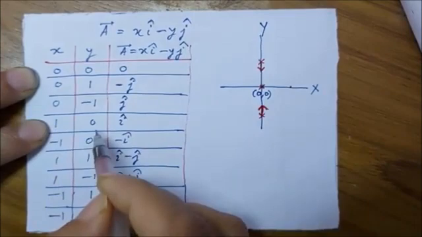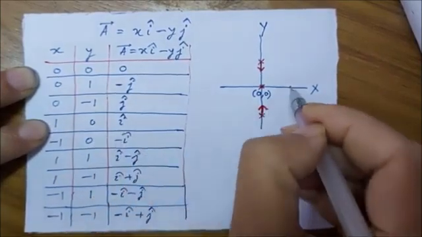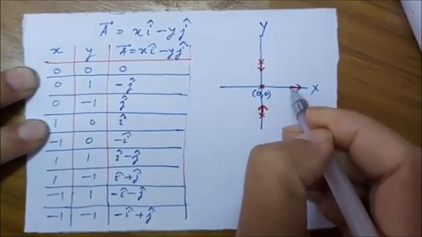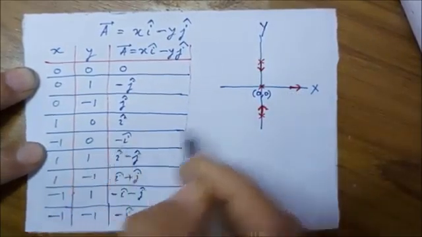At 1, 0, vector is i cap, and at minus 1, 0, it is minus i cap.